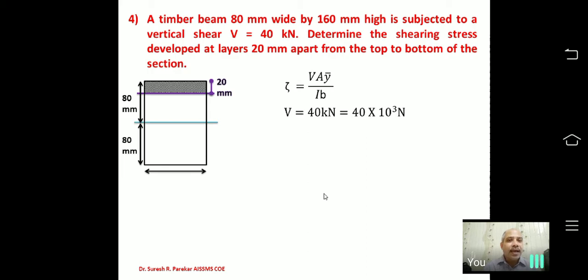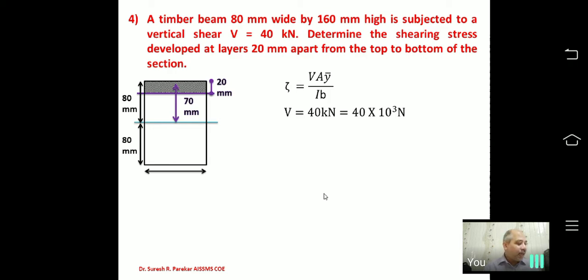So what will be the area? We have width 80, depth 20. What is the distance of the centroid of this area from the neutral axis? We have 20, the centroid of this is 10 from top. So from the neutral axis it will be 70 millimeters.